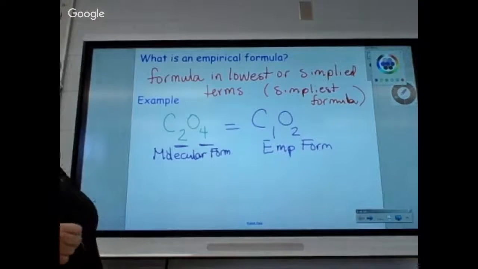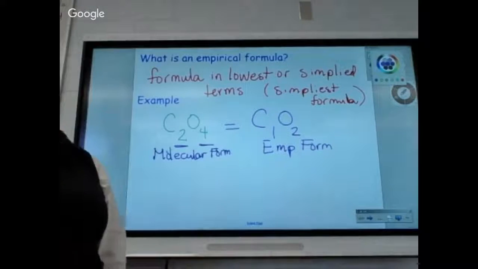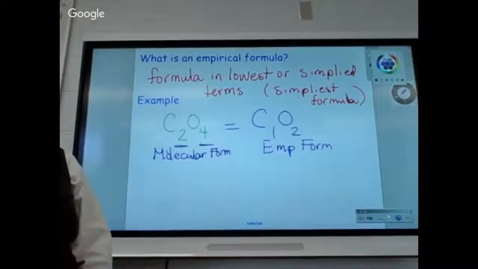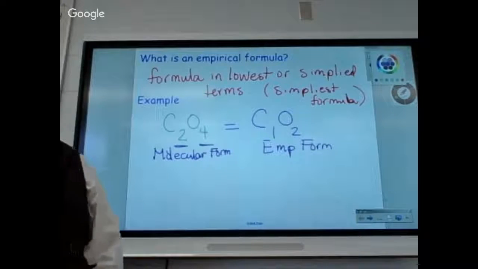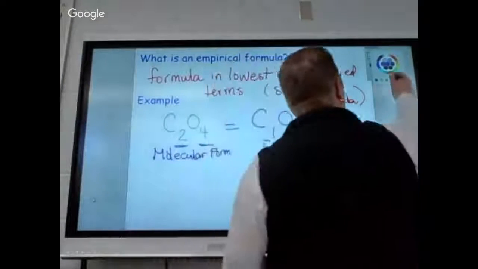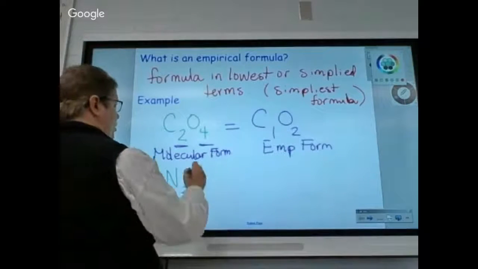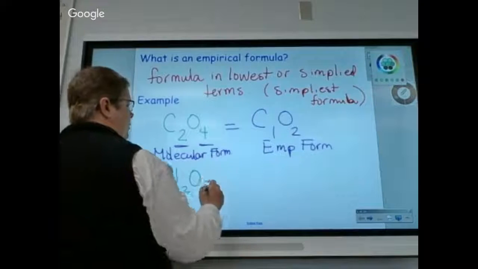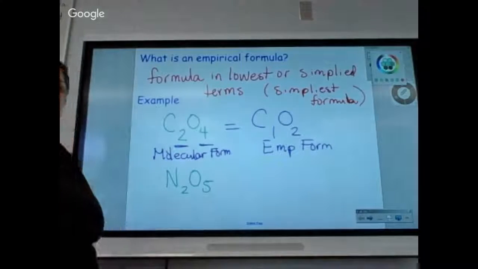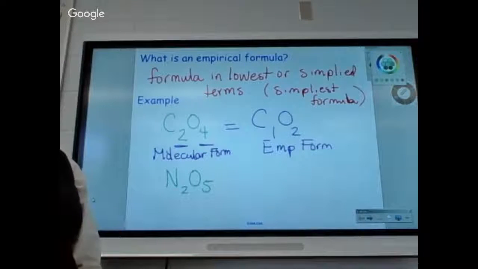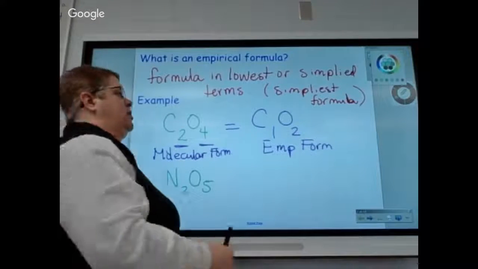Now, do all formulas reduce that way? No. Sometimes they don't. So, if you have a formula such as N2O5, can it be reduced? No. You know, in math class, the 2 and 5 are already in lowest terms.